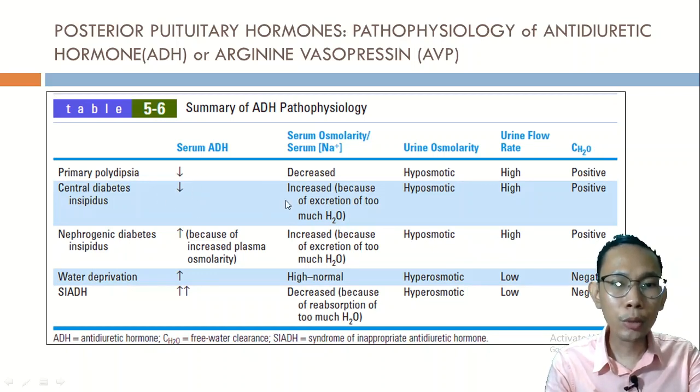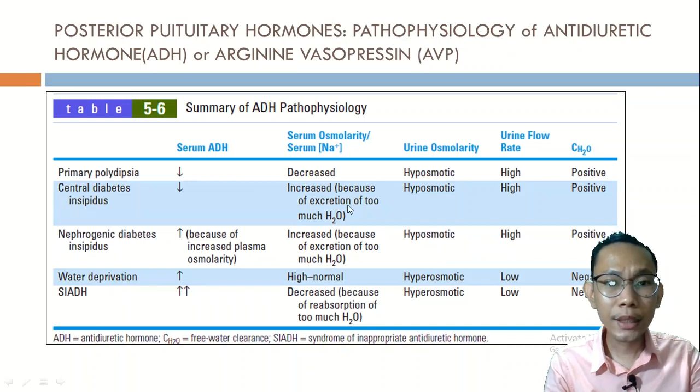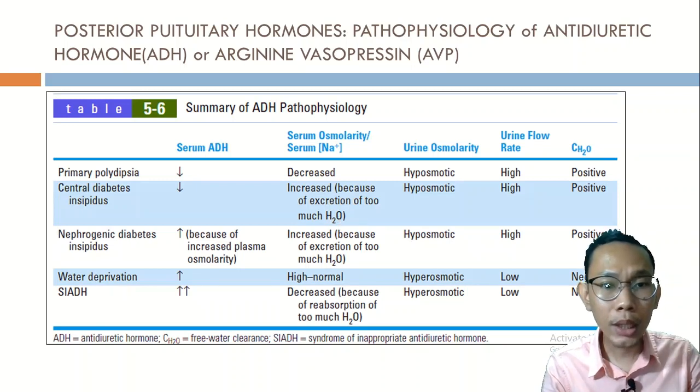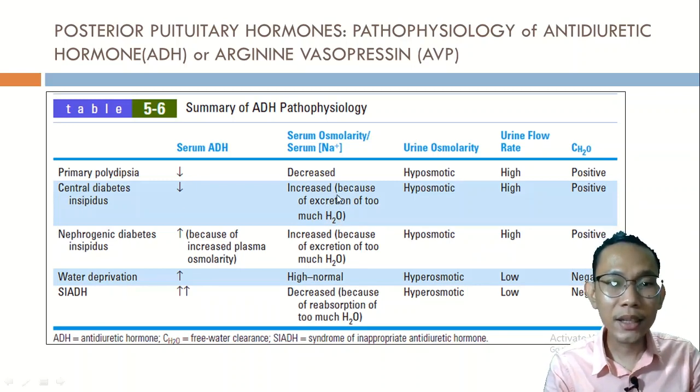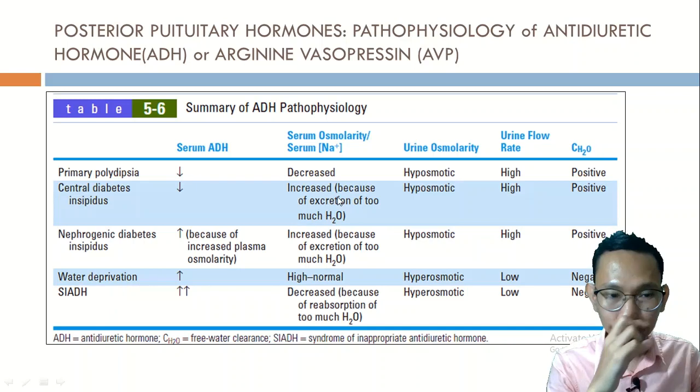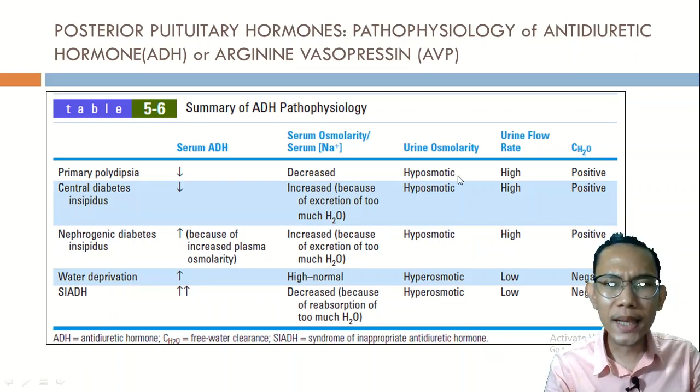Your serum osmolarity will be increased because of excretion of too much water. Kasi nga, nag-i-excrete ka ng maraming tubig, nagiging mataas ang ating serum osmolarity. Anong nangyayari sa ating urine osmolarity? Kasi nga, you are excreting too much water, nagiging hypoosmotic.